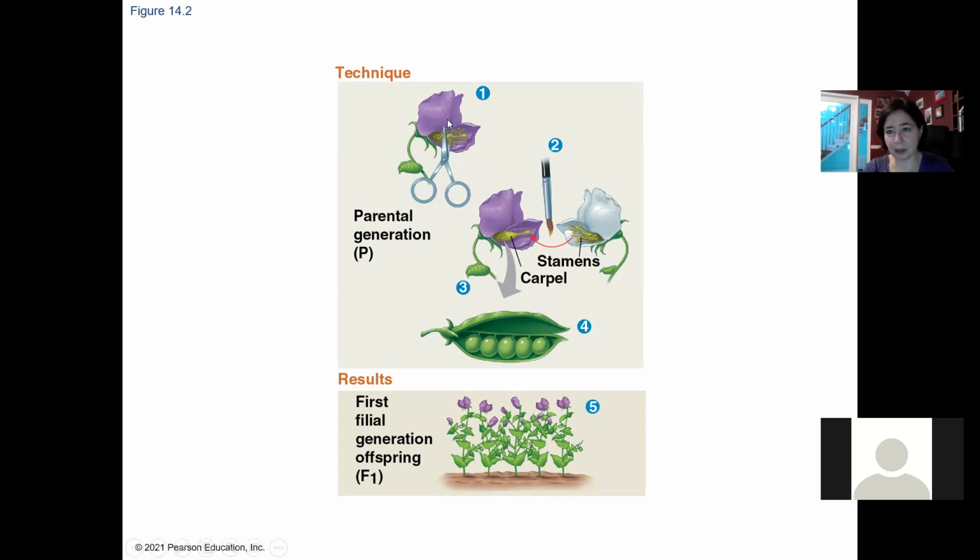So to control it, Mendel was cutting off the anthers, right? And he was brushing pollen from one flower to another to ensure, again, cross-pollination between different lines. So again, first of all, he created pure lines.